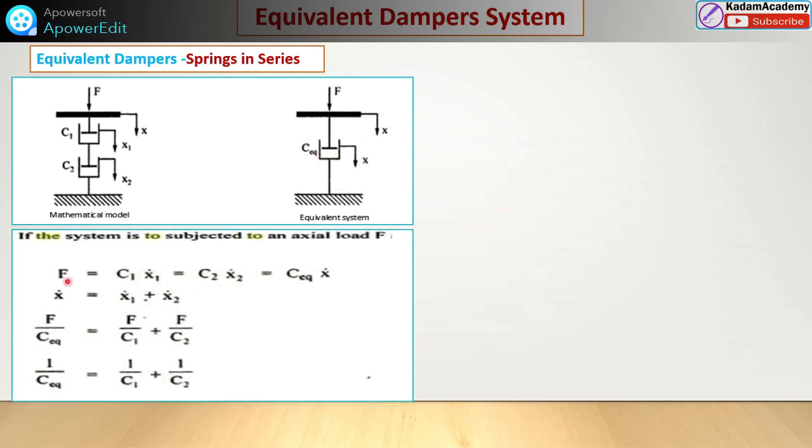And what will happen if the system is subjected to an axial force load F? F is equal to C1 x1 dot. This is the formula we know.